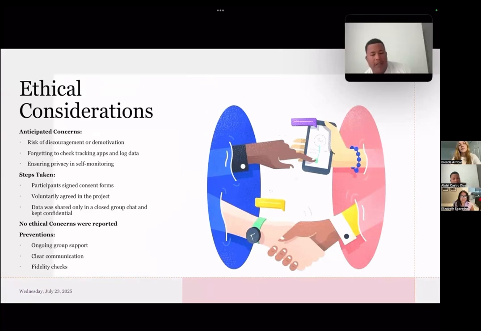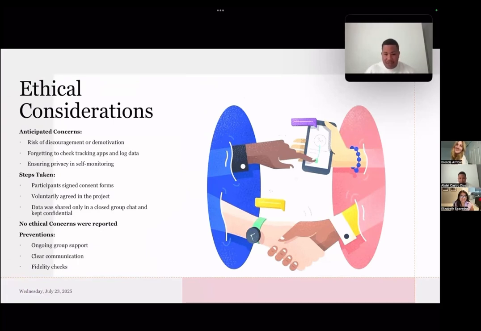As some of the ethical considerations, we can anticipate the risk of discouragement or demotivation from checking tracking apps or the data that we're going to log, and ensuring the privacy of self-monitoring. We're going to be the ones doing the monitoring on ourselves.